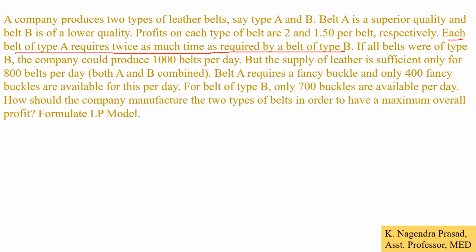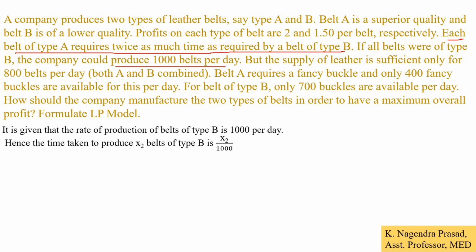It is also given that the company could produce 1000 belts of type B per day. So the rate of production of belts of type B is 1000 per day. Hence the time taken to produce x2 belts of type B is x2 by 1000.